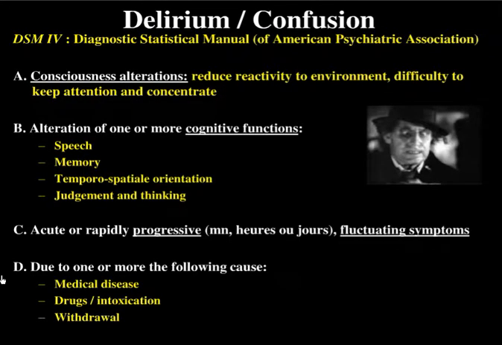What about delirium? You know, delirium is an acute brain dysfunction which is characterized by an alteration of consciousness, an alteration of cognitive function, and it happens very acutely, and it is characterized by fluctuation, and it has a medical cause. It is related to medical causes.